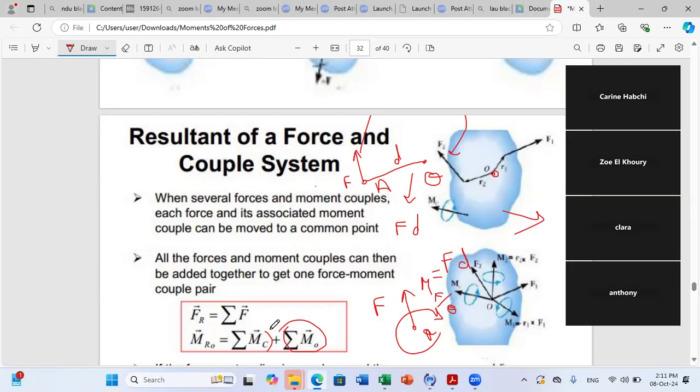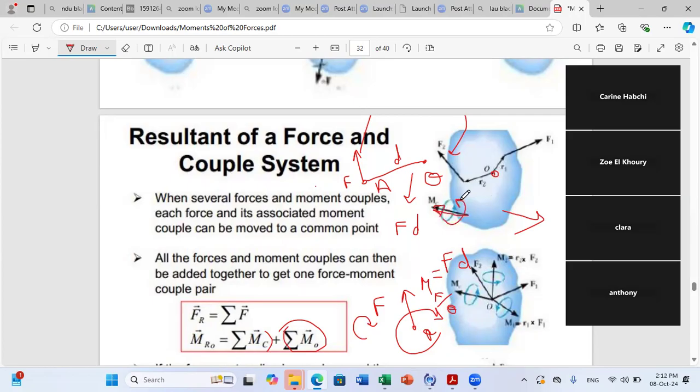So this term represents the moment of all forces acting on the rigid body about O. Now, sometimes, in addition to forces, I can give you couple moments acting on the body. In 2D, I represent a couple by an arrow like this. In 3D, I represent a couple moment by a vector, with an arrow like this. So it's a couple moment.